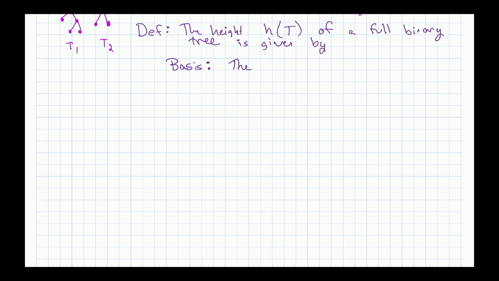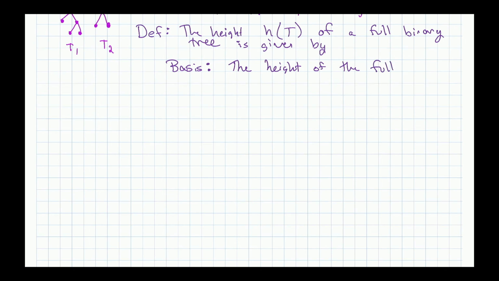So the height of the full binary tree that is just a single vertex R is h of T equals 0.